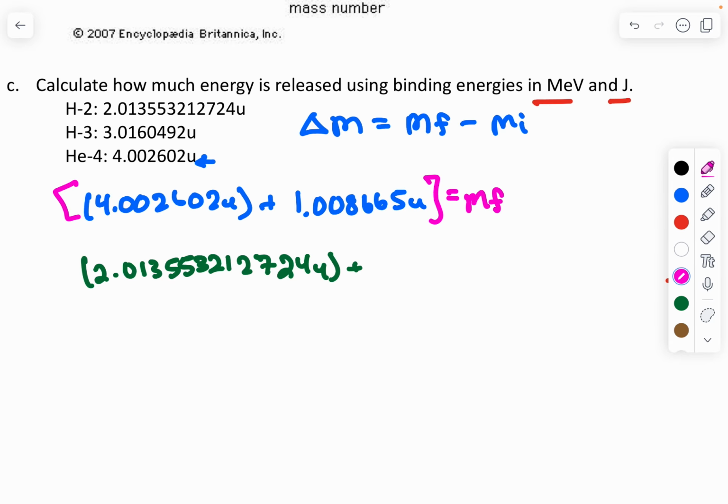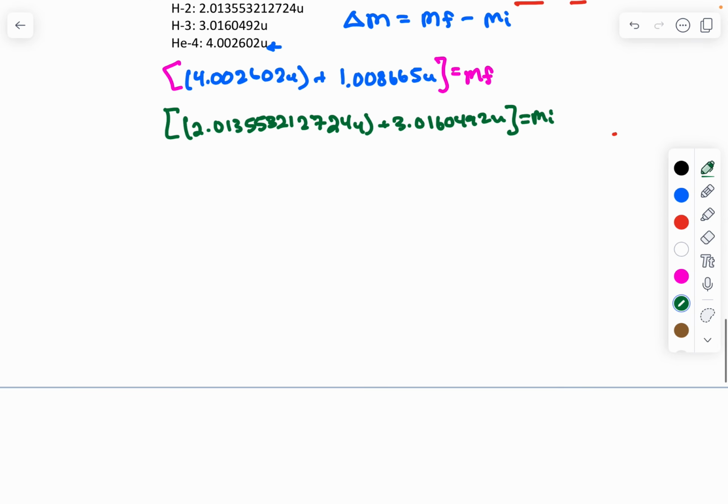The green one is 3.0160492 U. So this is our MI. So let's do MF minus MI. I'm going to do this on the calculator. If you do this on the calculator, you should get something like this.